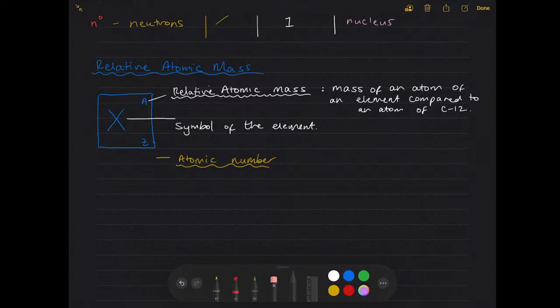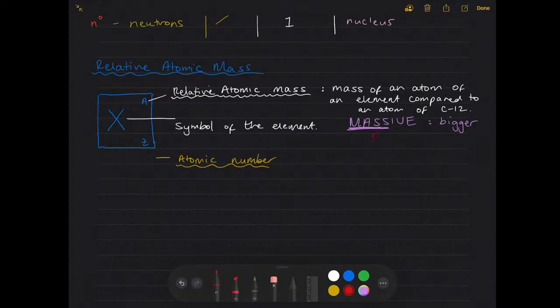The relative atomic mass is always the massive number. The reason I'm saying massive here is it's the bigger number. So it doesn't matter which way around you have A and Z, the bigger number will always be the atomic mass.